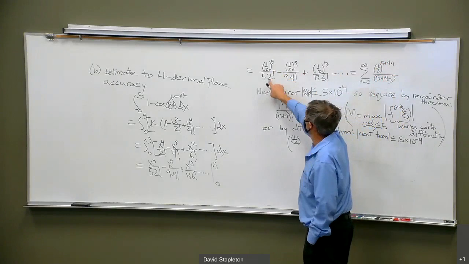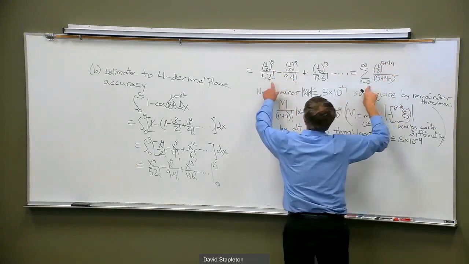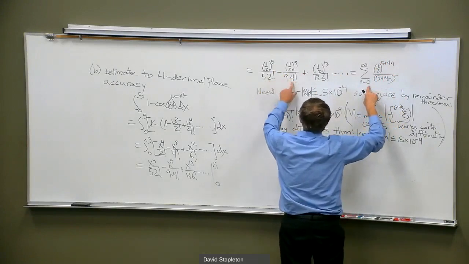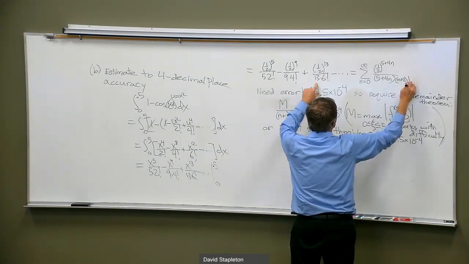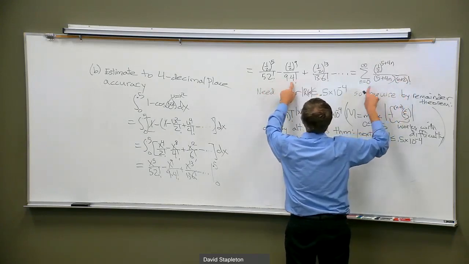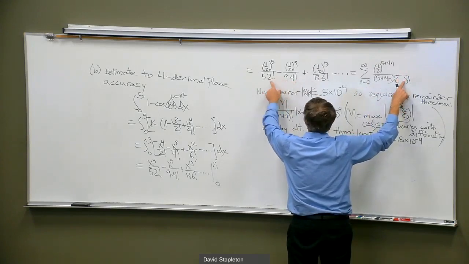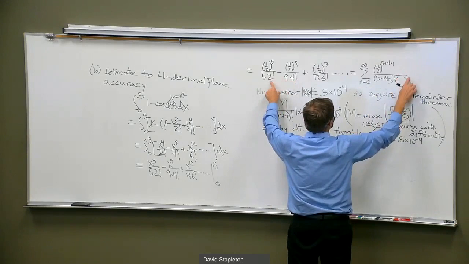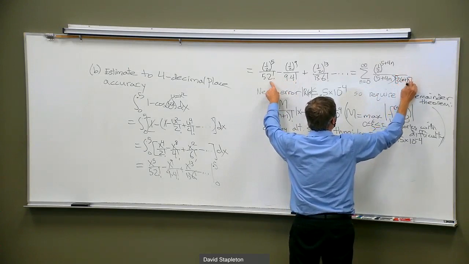And then these increase by 2. That looks like n plus 2 factorial, right? You get 2 factorial, and then oops, it would be twice n plus 1 factorial, right?